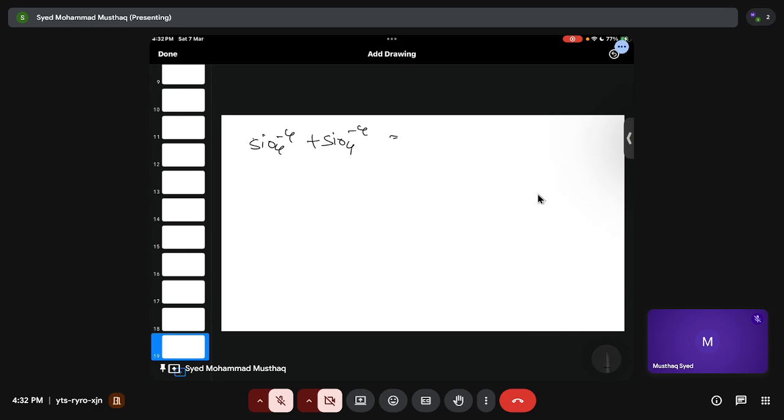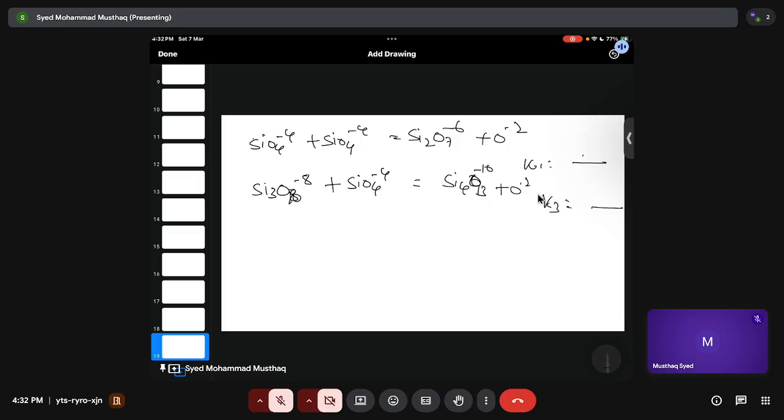So I have Si2O7 minus 6 plus 1 oxygen ion released. So my K1 will be products divided by reactants, and the same goes for Si3O10 minus 8. If some other silica gets attached, then I have Si4O13 minus 10 plus O minus 2, and then here again I have some K3 equilibrium constant.